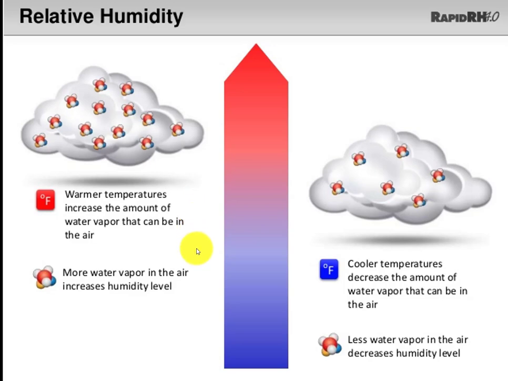So there's something about saturation, it's 100%. That means the numerator and the denominator are the same value. On the right, this is just a representation that cooler temperatures decrease the amount of water vapor that can be in the air. Less water vapor in the air decreases humidity levels.